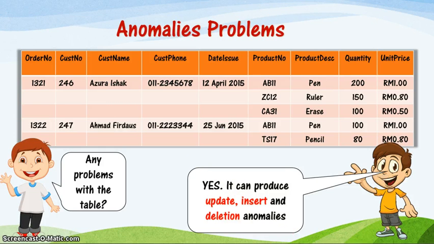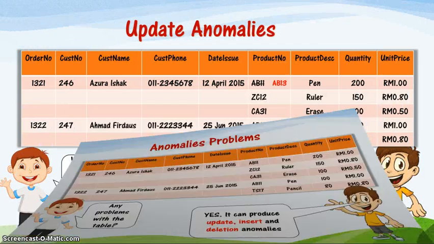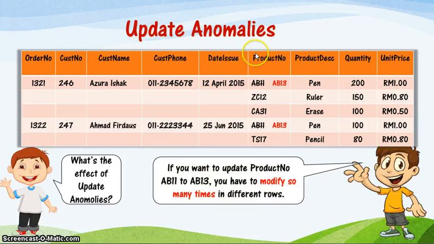What are anomalies? For example, update anomalies. What's the effect of update anomalies? If you want to update a product number, for example, if you want to modify AB11 to AB13, you have to modify it so many times, repeatedly, in different rows.